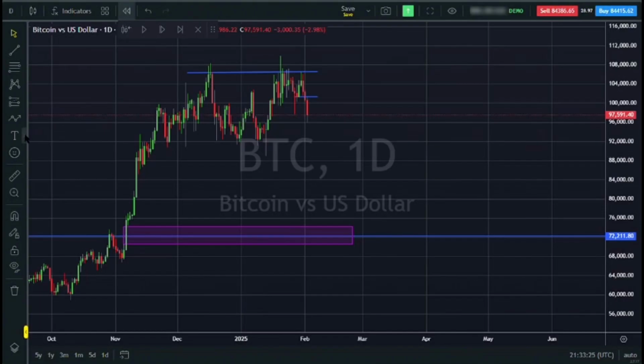Yeah, so let me just indicate for you guys where exactly the triple top was. So here on top, this is the resistance level where the market hit 3 times before it came and broke the previous low down there. So yeah, this is the triple top.